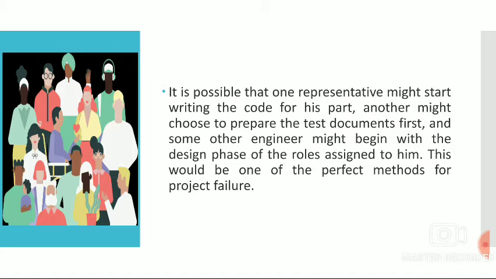This would be one of the perfect methods for project failure. That means to avoid project failure, we have to decide how many members are required to do the project. You have to split the designing team, development team, deployment team and maintenance team to do the project in a proper manner.